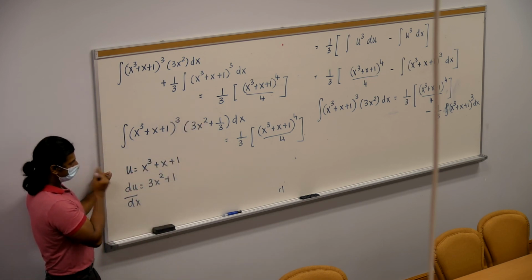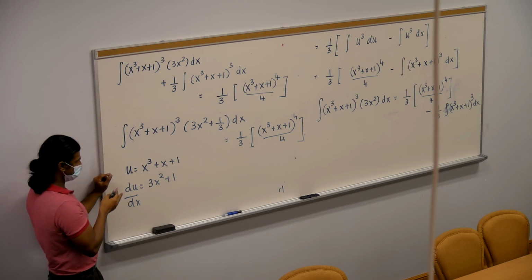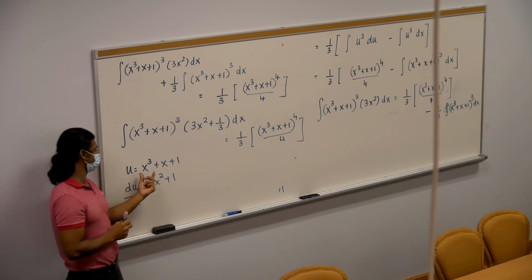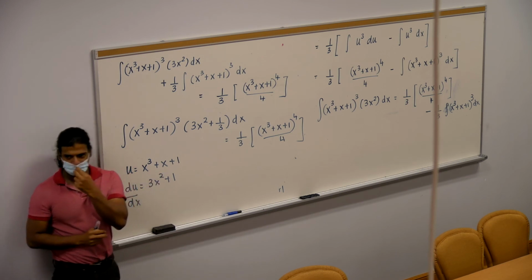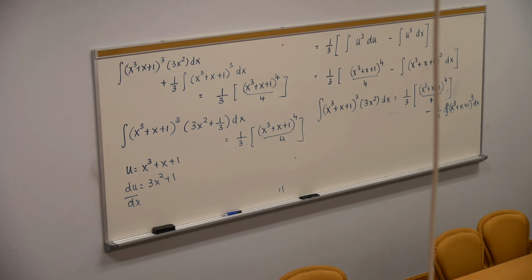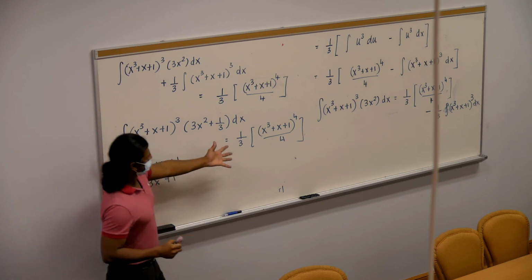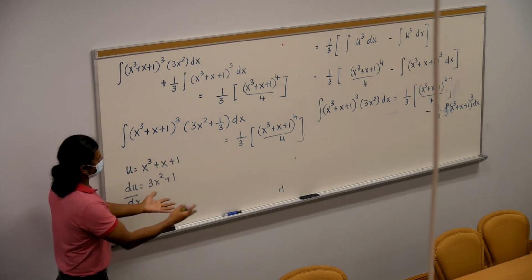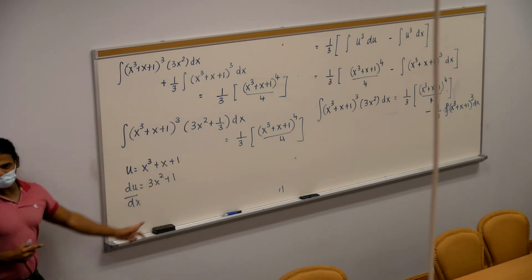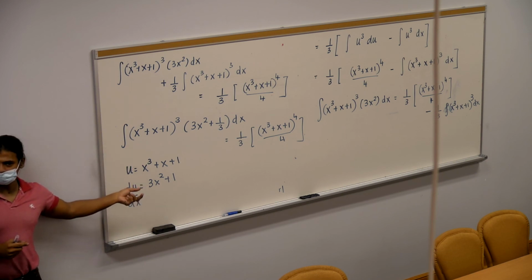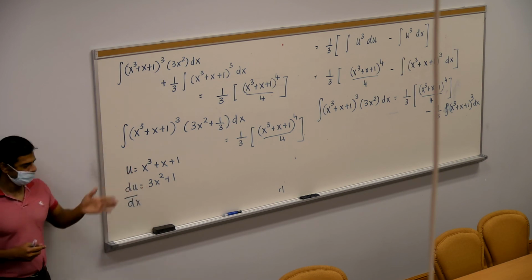So this particular problem is a good illustration on choosing u and du, but unless you can definitely come up with the remaining part of the integral, you will just keep on going in circles. Does that make sense?